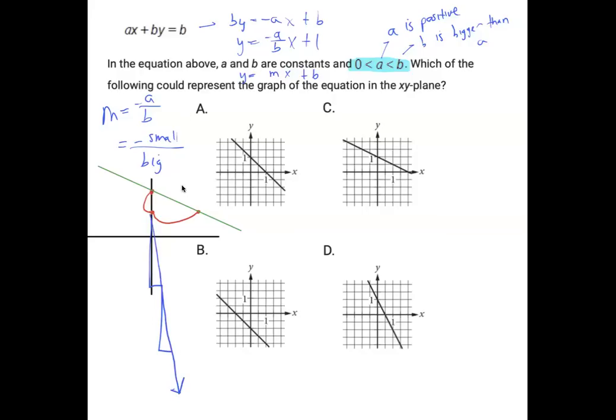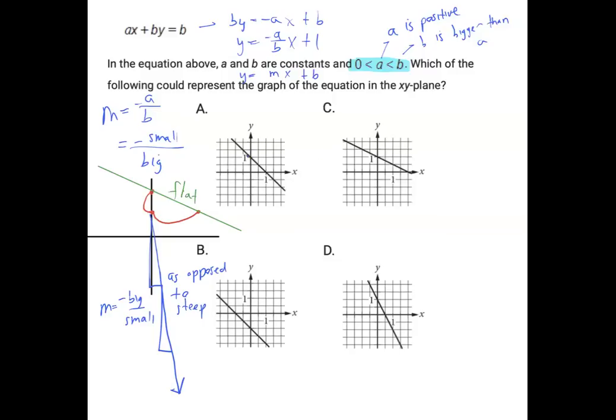So this is really flat, as opposed to if you had, like I said, a big number over a small number, you'd get a negative slope that would be really steep. So flat versus steep. So here we know that ours is negative and it's on the flatter side.